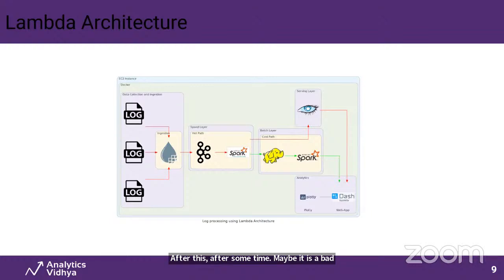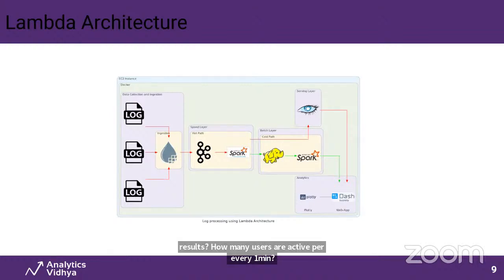So in the real time we are publishing these results, how many users are active per every 1 minute or 2 minutes, and we also have one more chart to indicate how many users were active last day or last month.